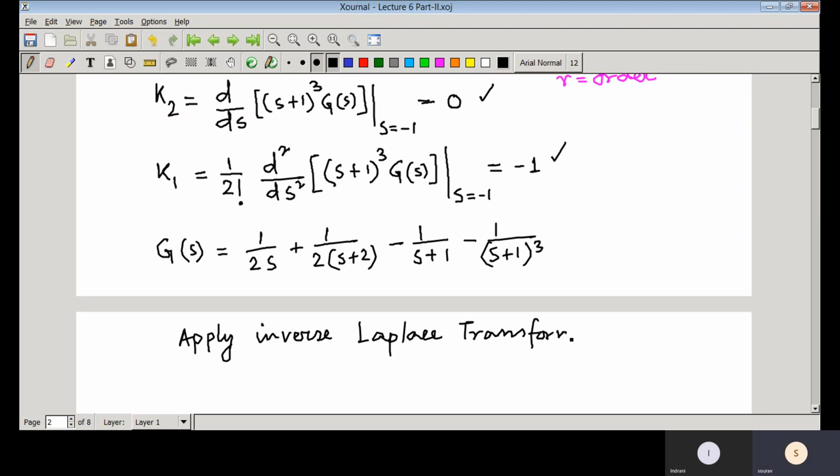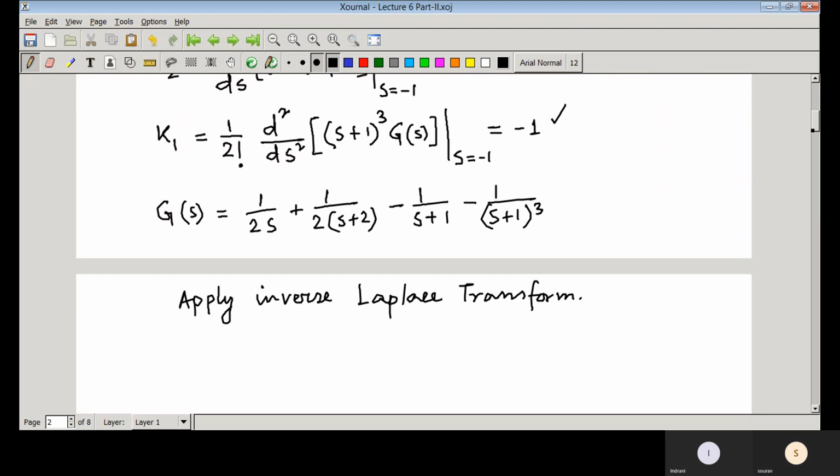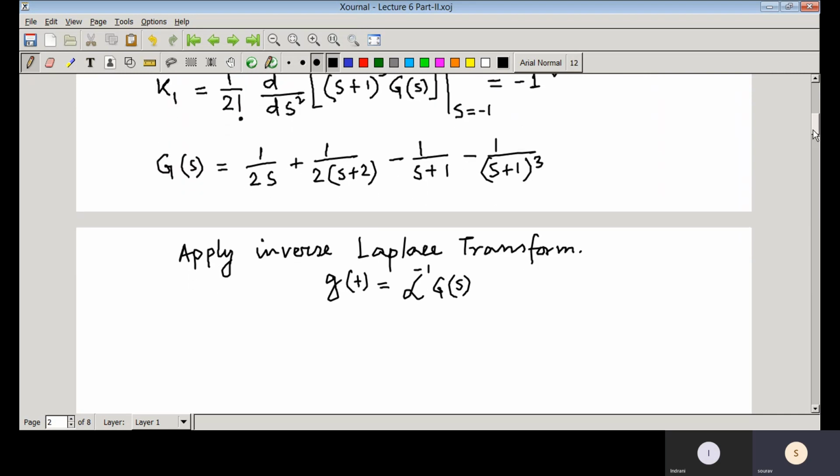So if you apply the inverse Laplace transform, what will you get? GT would be equal to the inverse of GS, and you can just apply the formula that we have discussed in part 1.